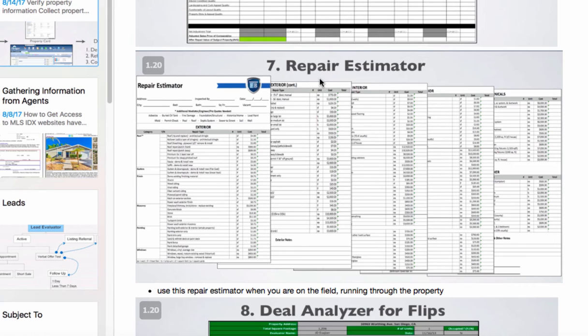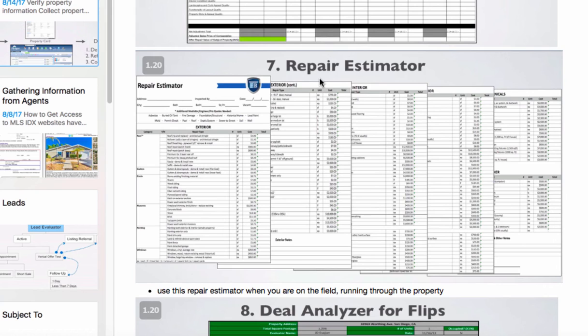Using the repair estimator, which is a tool that you can either come up with on your own, or, again, I've leveraged some tools from experts who have been in the game for a long time, it's a smart Excel sheet where I put in a square footage number, and it's more or less the average. Again, based on regions, it might change, right? If I'm in Atlanta versus New York versus California.